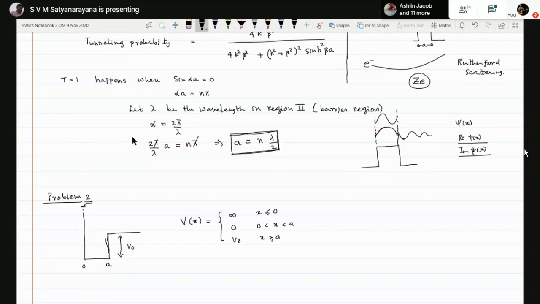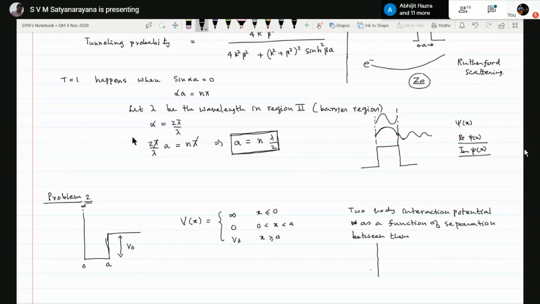What happens is that generally any two-body interaction potential, as a function of the separation between them, typically will be like this.